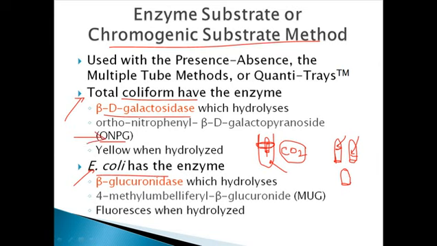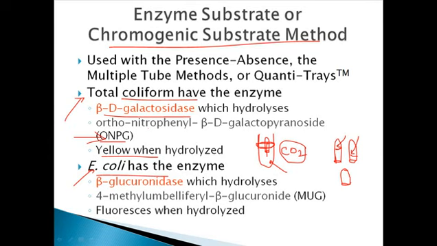When the ONPG is present and beta galactosidase hydrolyzes the lactose, it will produce allolactose, glucose and galactose, and finally it will produce a yellow colored substrate. So whenever we have a yellow coloration in our broth, you can say that total coliform is present in it.